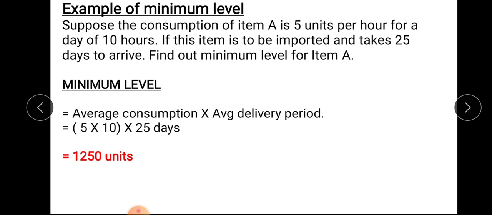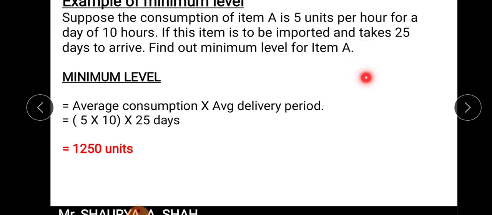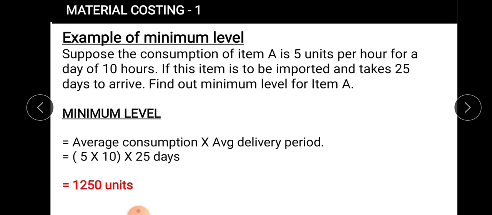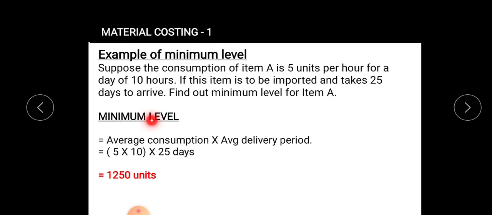So what is the consumption? 5 units into 10 hours, that is 50 units. So what is average consumption, students? 5 into 10 is 50 units, and average delivery period is 25 days. Why? Because here the ordering level is not given, so we will use this formula: average consumption into average delivery period. I suppose everyone is clear with that part.